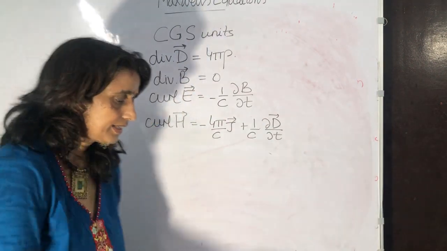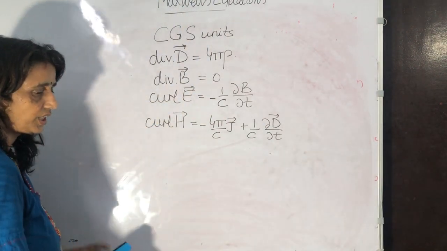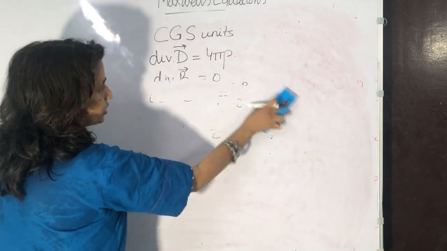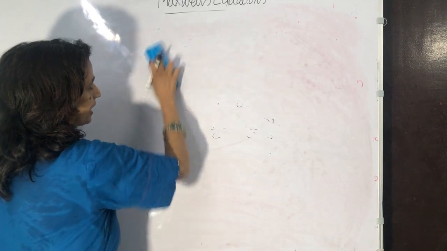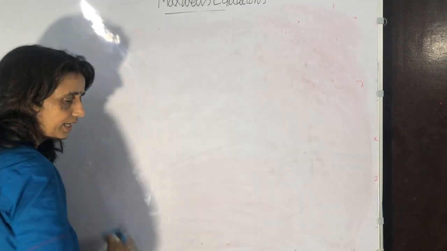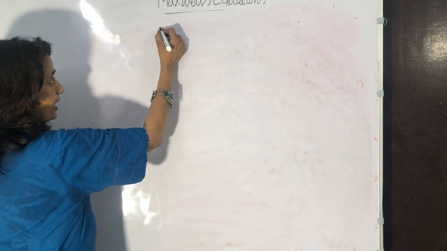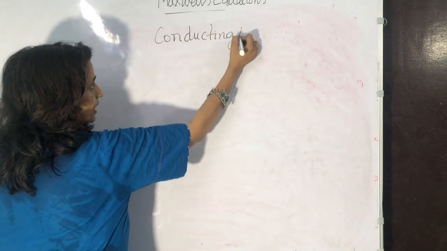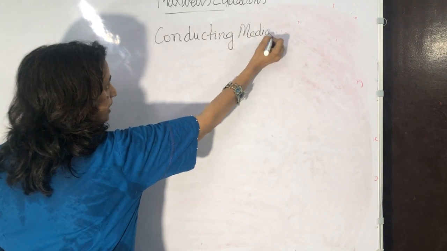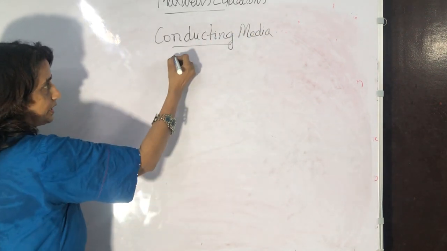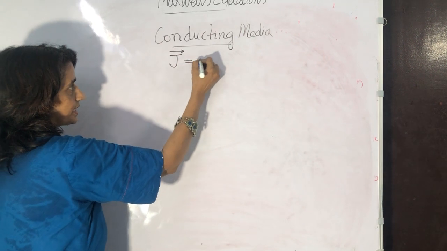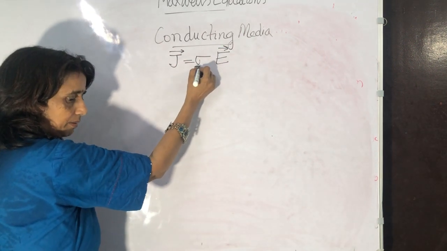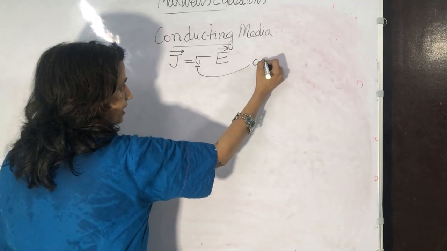And last, Maxwell's equations in conducting media. What are the Maxwell's equations in conducting media? J, the current density, is sigma E, where sigma means conductivity.